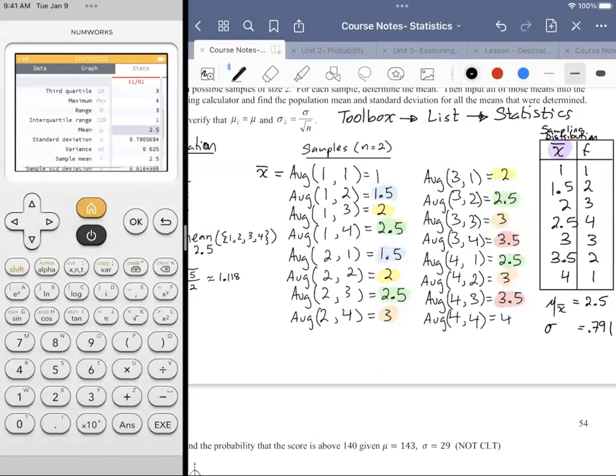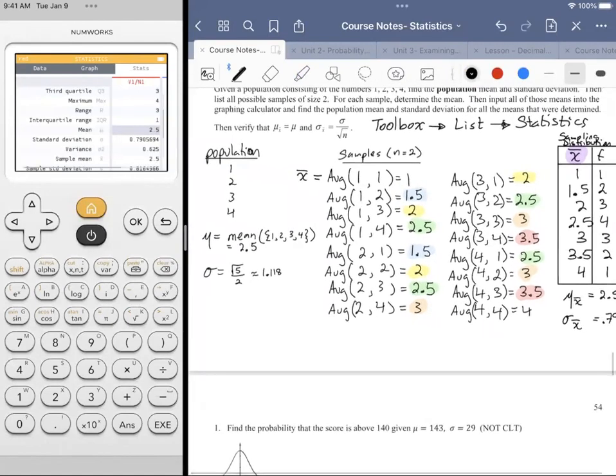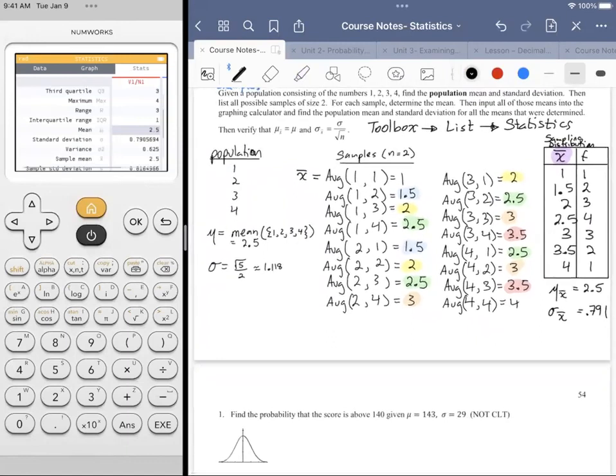It's also the population standard deviation of all of those sample means. When you look at a population itself, the distribution really is that these are the set of x values. So when we find a population parameter, we're doing that of the variable x. Same thing with the standard deviation.